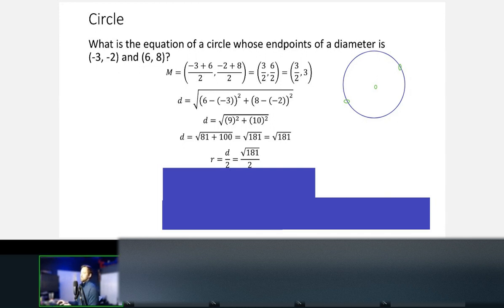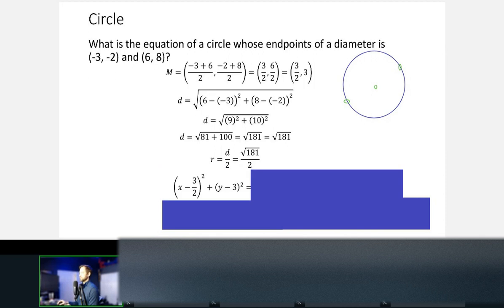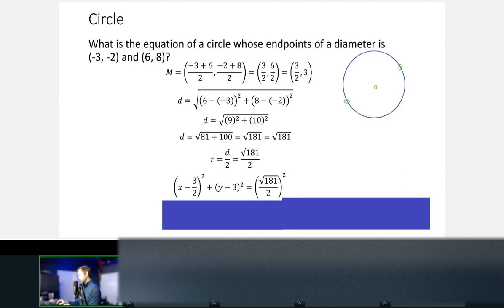But anyway, radical 181 divided by 2 is the radius. So when you create your equation, we're going to have your x minus 3 over 2 squared plus y minus 3 squared. And then remember, it equals r squared. So you have to take the radius, and you have to square it. Don't forget to do this part.